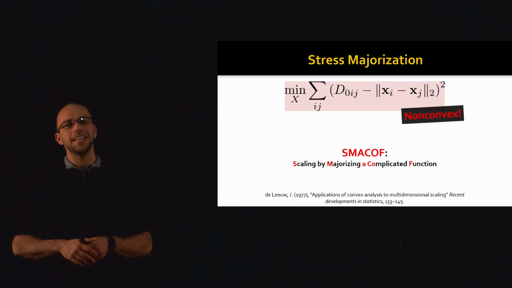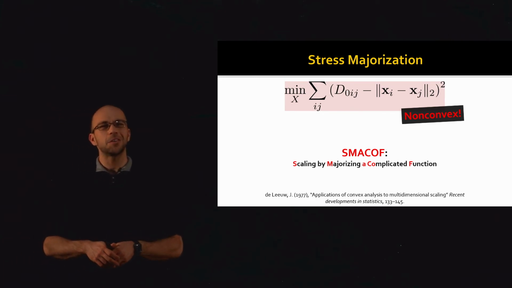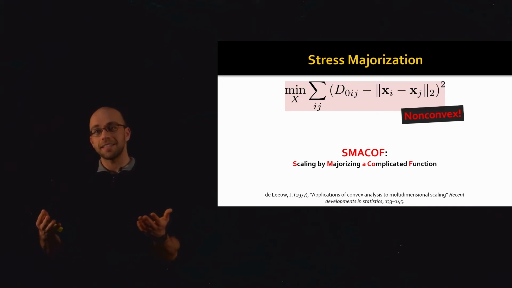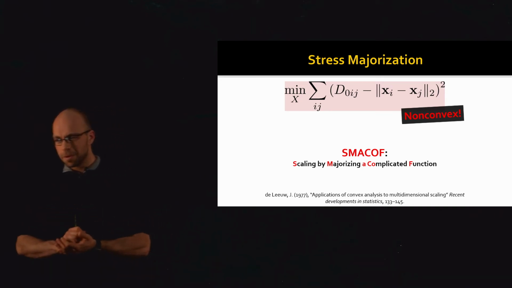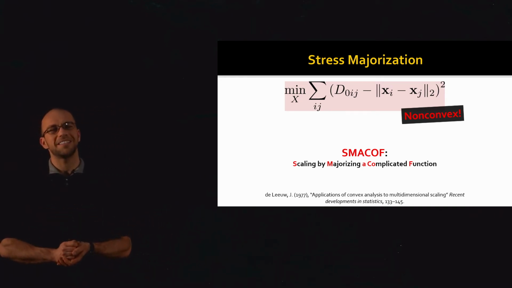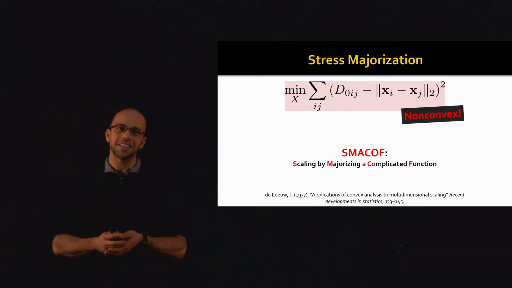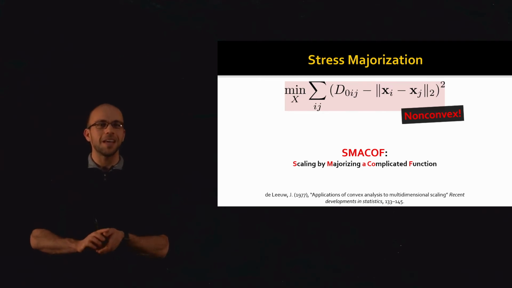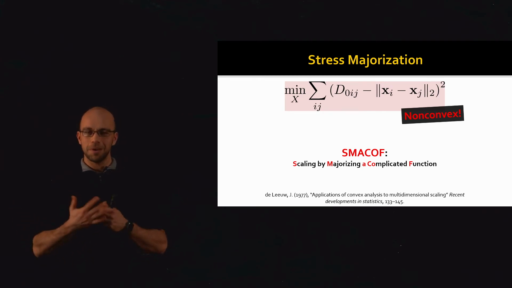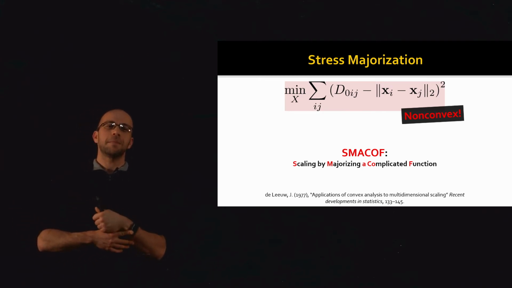So this technique is called scaling by majorizing a complicated function, or SMACOF, which is a really unfortunate name for an algorithm that we are now stuck with for the rest of time. When you go on to propose your Turing Award-winning work, may I suggest not choosing a goofy name for your algorithm like this one, but in any event, even if it has a stupid name, it does happen to be a pretty effective technique for nonlinear embedding of points.